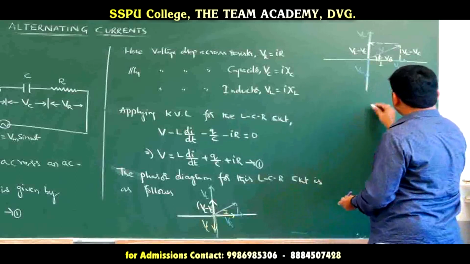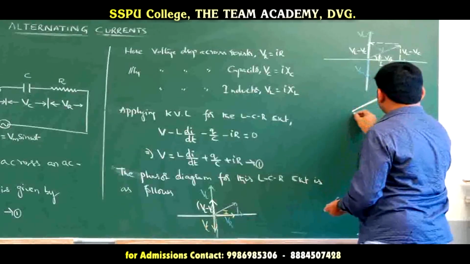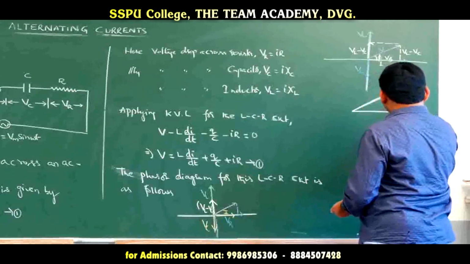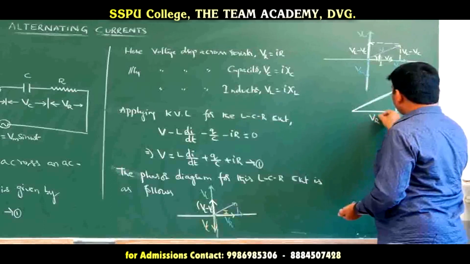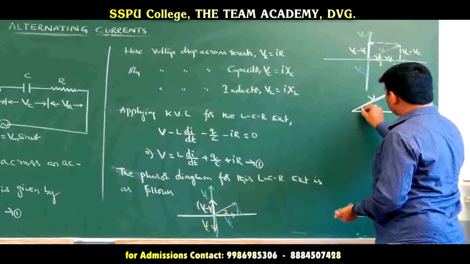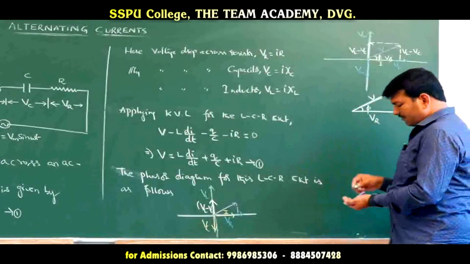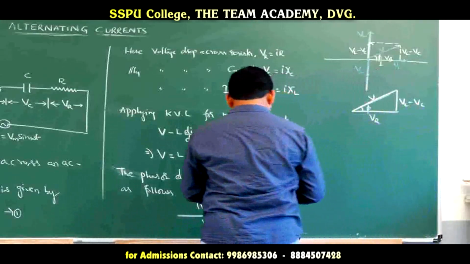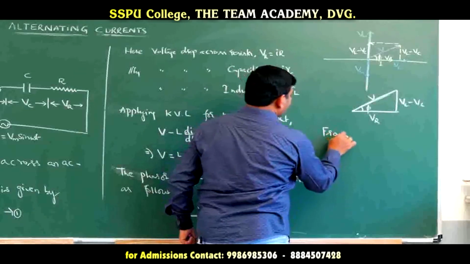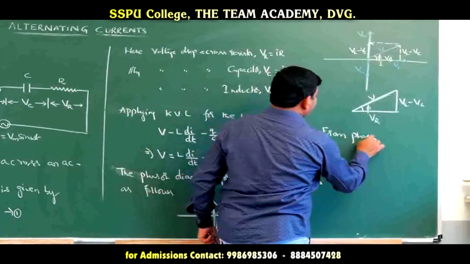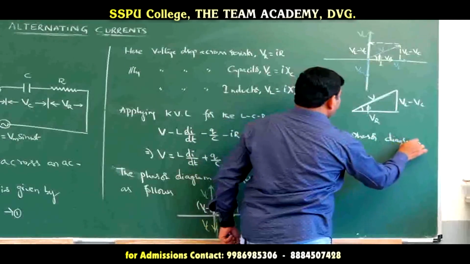So I am redrawing the diagram here. This is V, this is VL minus VC, this is VR, and this is V. V is the resultant voltage, this is the phase angle, the resultant phase. From the phasor diagram, what can I say?